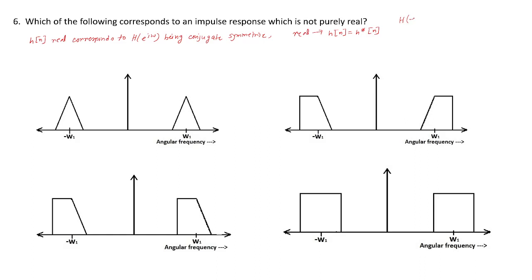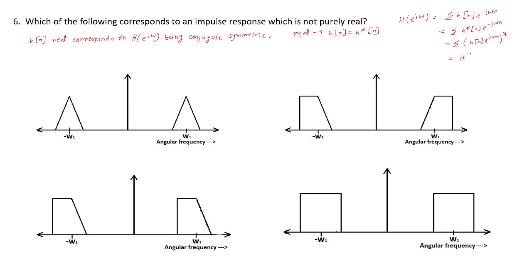That means H(e^{jω}), that you write as the sum of h[n] e^{-jωn}, you can also write this, and you can also thereby write this, because the conjugate of e^{jωn} is e^{-jωn}.